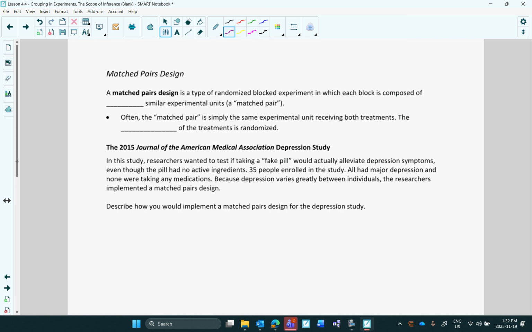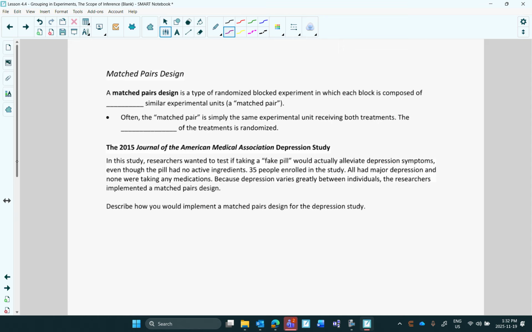A type of randomized block design, and students do have difficulty with this one, is a matched pairs design. Matched pairs is when you don't have 2 big groups. You have one-on-one, or one person against themselves. Either of those makes a matched pairs design.